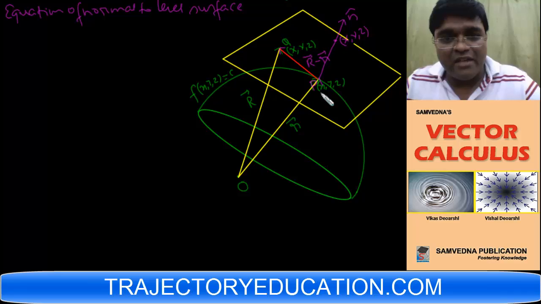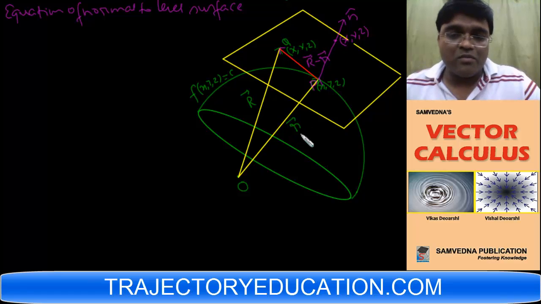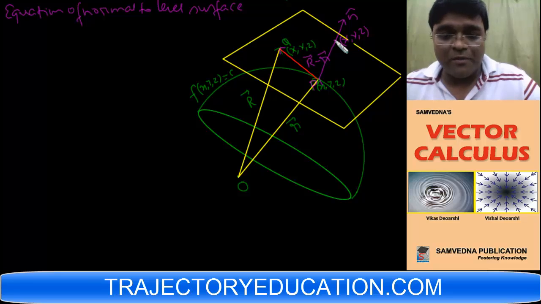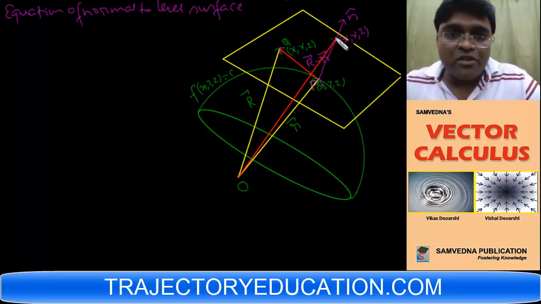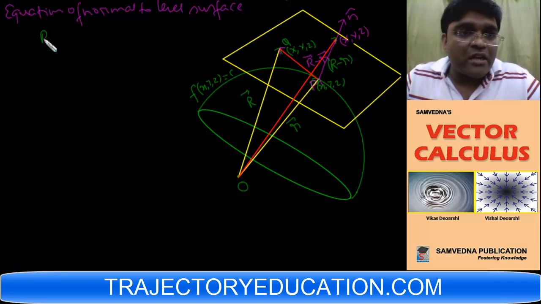This is drawn at the point x, y, z, which is denoted by small r vector. Now let capital X, Y, Z be any general point on the normal. If I draw the position vector of this point also, what will be this vector? This vector will be capital R minus small r.